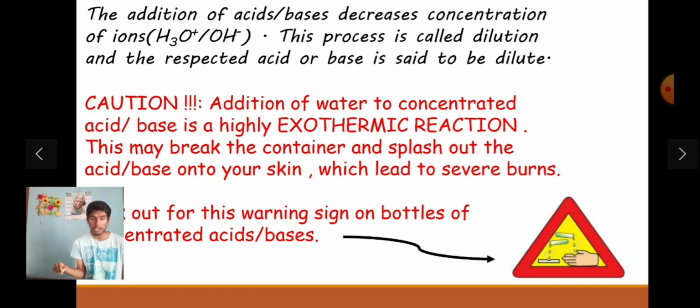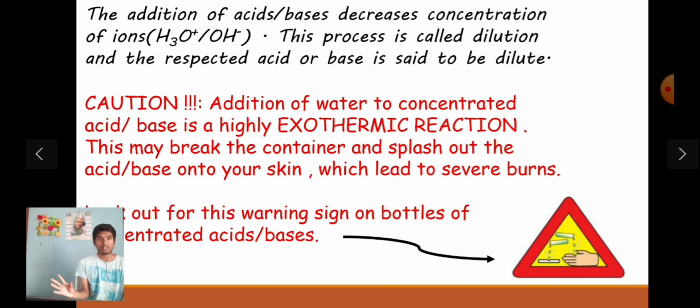When we add an acid or a base to water, the concentration of H+ or OH- ions decreases in the acid or base. So this process is called dilution, and the respective acid or base is said to be dilute. It is less concentrated than before.